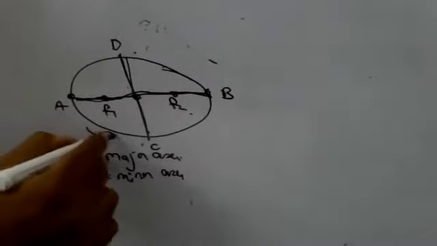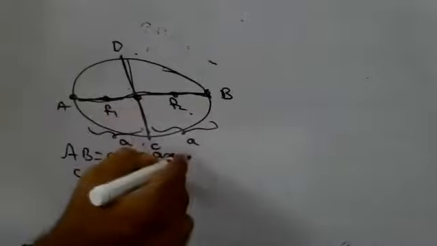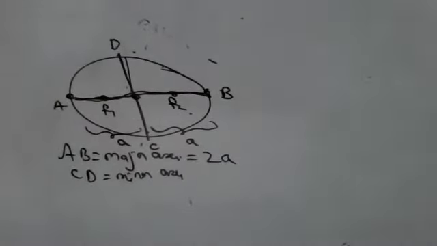Try to understand, children. This will be equal to A, this also will be equal to A. So A plus A, the length of the major axis, is 2A.